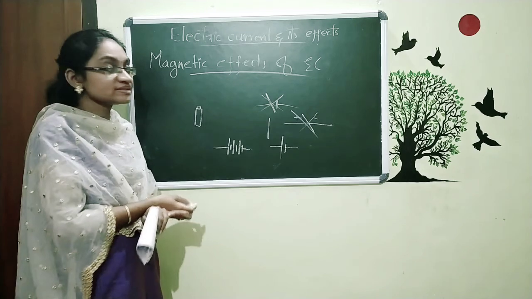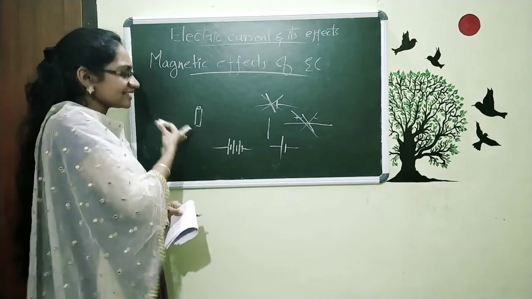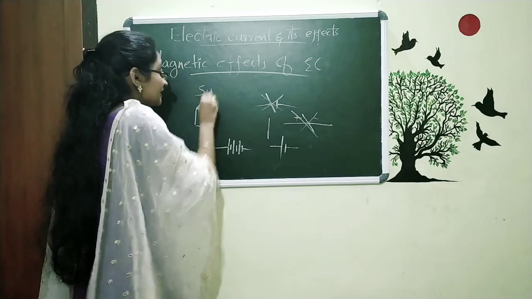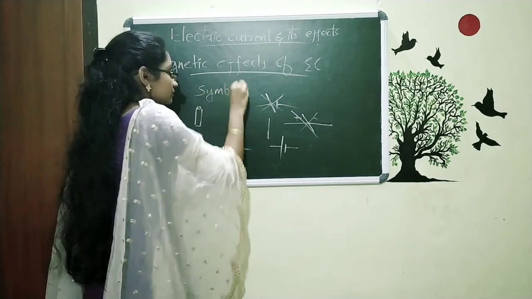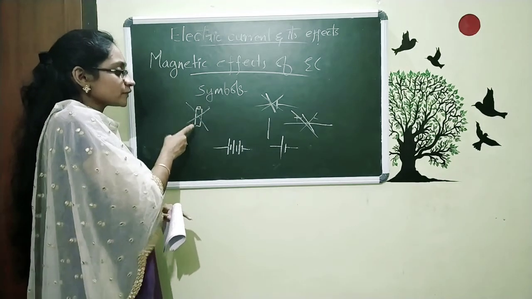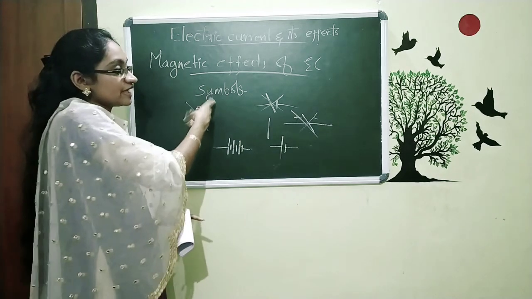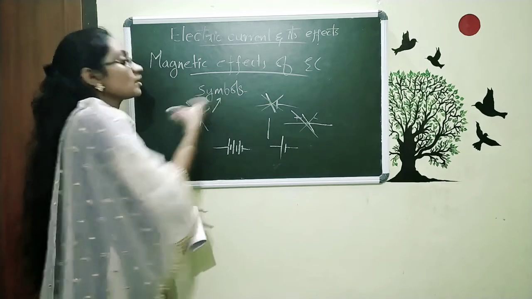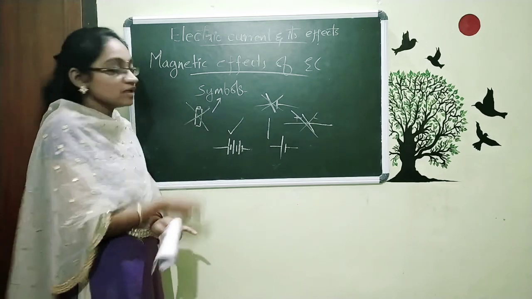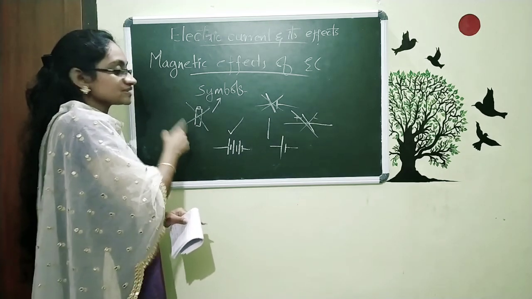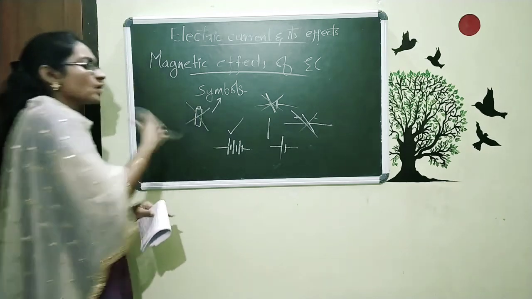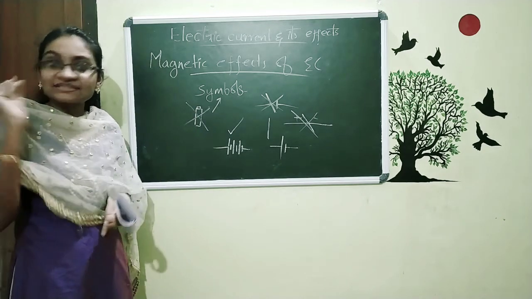I also observed that you are drawing the battery like this. Actually, this is not the symbol for a battery. This is just a diagram or a picture, but we are talking about symbols. So no need to draw such things when you are asked about symbols. This is the symbol, and this is not the symbol. This is only a diagram that we generally see in our textbook, where they give pictures.